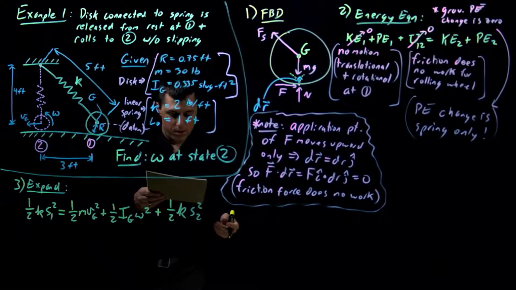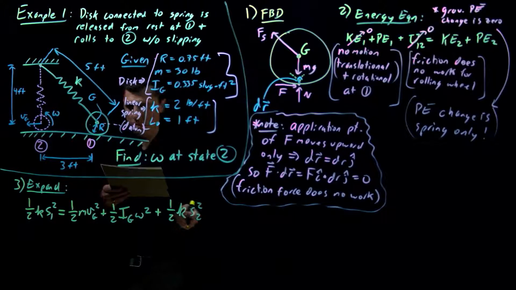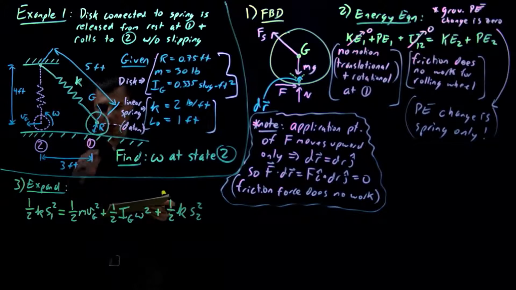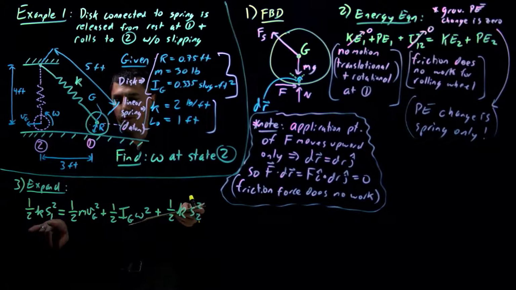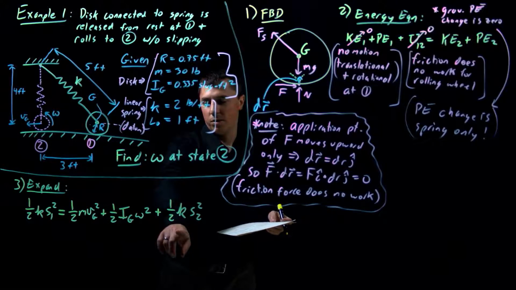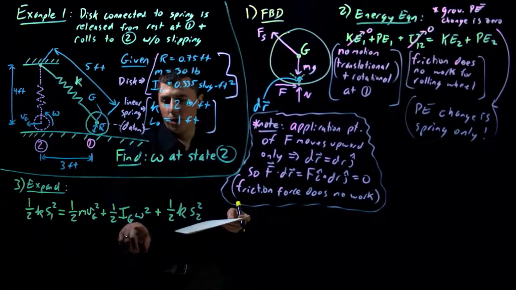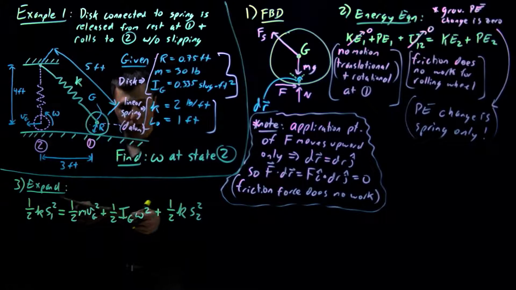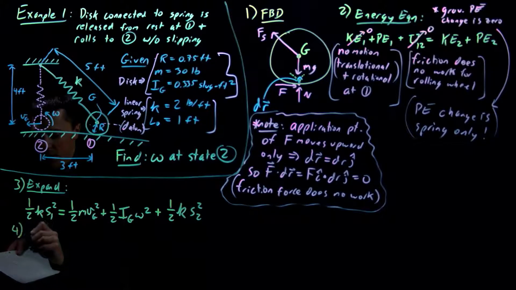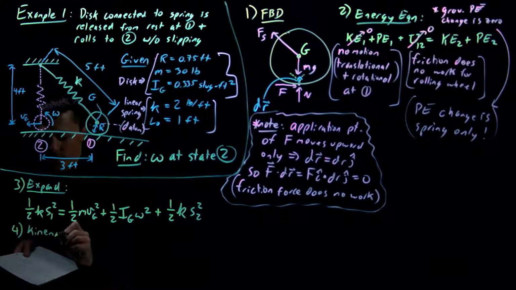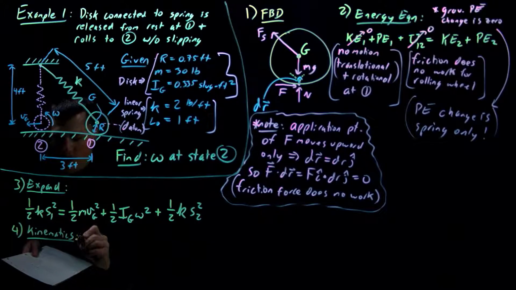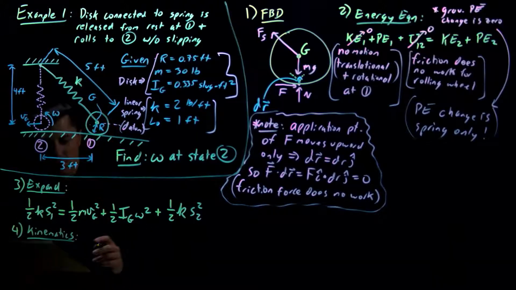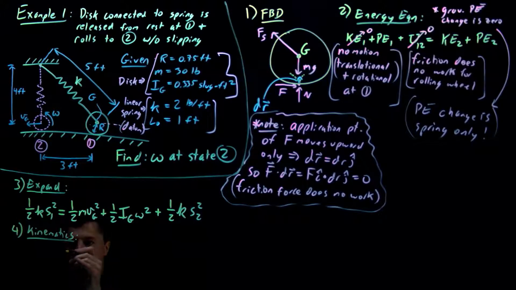Before we go and solve this, if we look at this, we know that term, this is going to be 4. We know that term, that's 3. k is given to us. What we don't know are vG and omega, so we need one more relationship that combines those two. That's going to be a kinematics relationship. Let's put in those S values first.